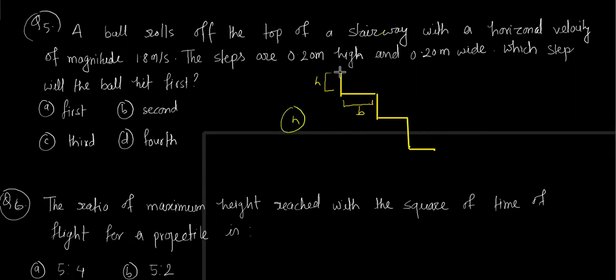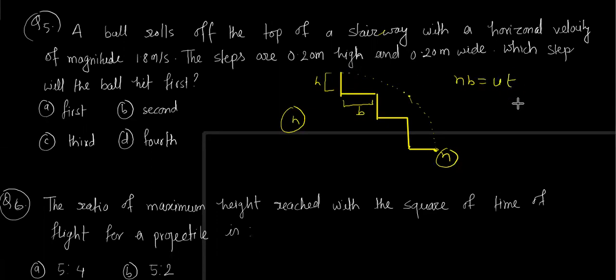If we throw a ball from the top, and suppose it is going to hit the nth step, then its horizontal distance can be written as nb, because in one drop it will cover this distance, in the second drop the horizontal distance will be 2 times, and so on. So we can write u times t.